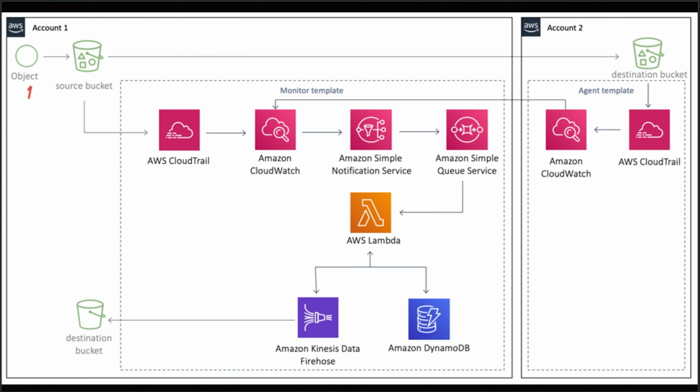Let's say this object is stored at AP South 1, then that rule is stored in this same region, right? And then the Amazon SQS queue, subscribed to the Amazon SNS topic, receives the message for further processing.